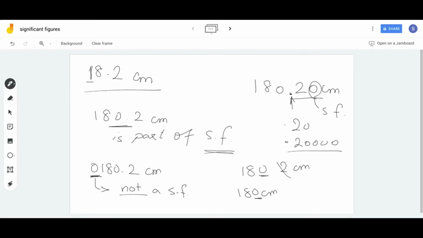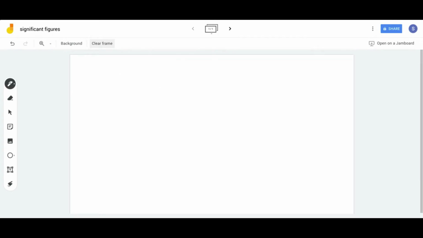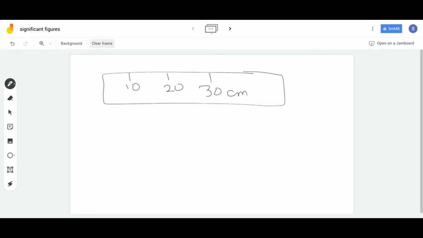then this could or could not be significant. It all depends. For example, if my instrument is only able to do measurements in tens of centimeters, so if this is my ruler, I can do 10 centimeters, 20 centimeters, and there are no markings in between, then if I measure 180 centimeters with this scale, I cannot really say if this zero is significant or not because I'm unable to measure that data.